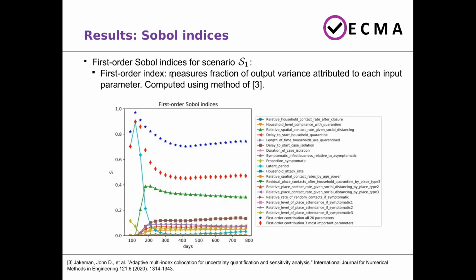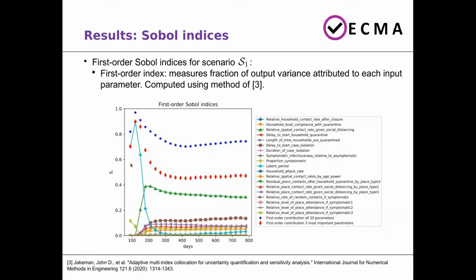If you're not familiar with Sobol indices, or in particular a first order Sobol index, it's just a measure of the fraction of the output variance that you can attribute to a single input parameter. So if you look at this line over here, the triangles, that's the relative spatial contact rate. After 200 days, it's 0.4. It means that this parameter is responsible for 40% of the output variance.